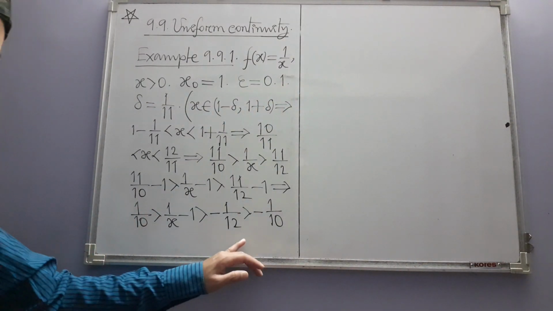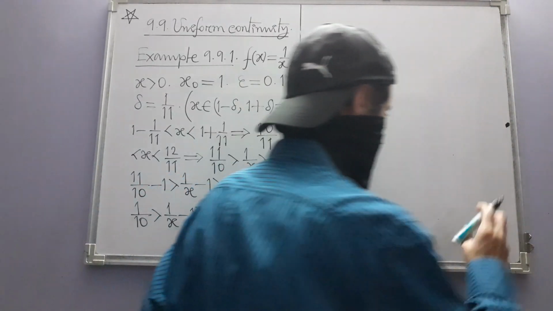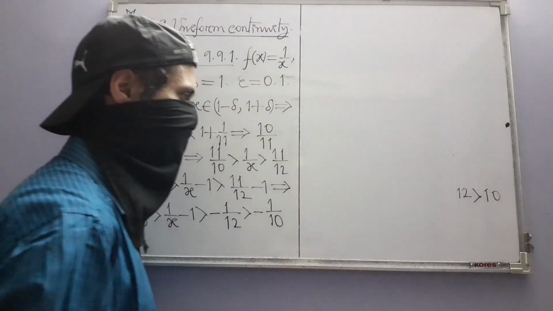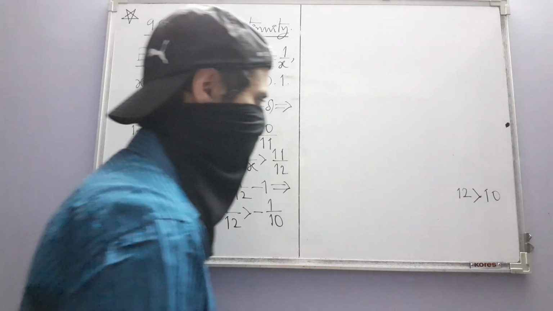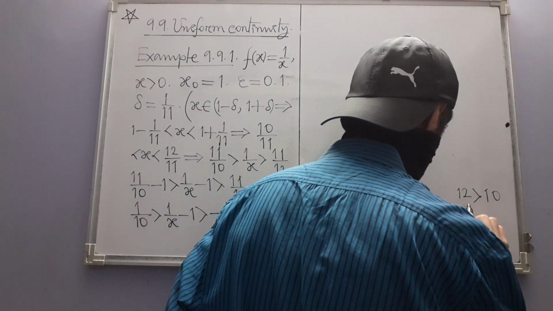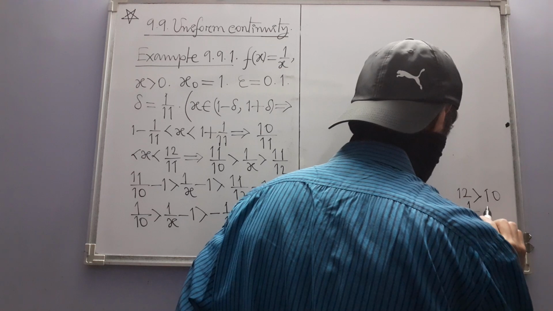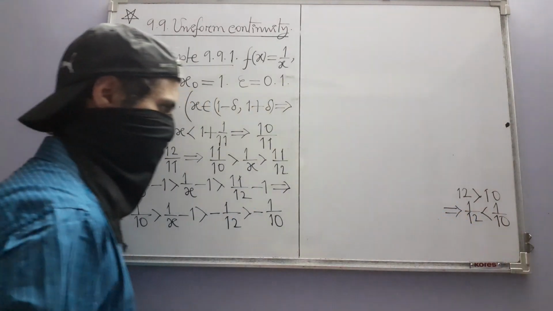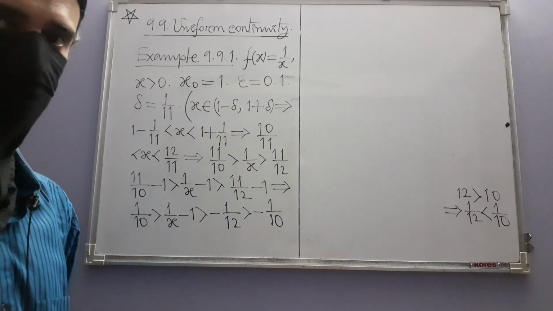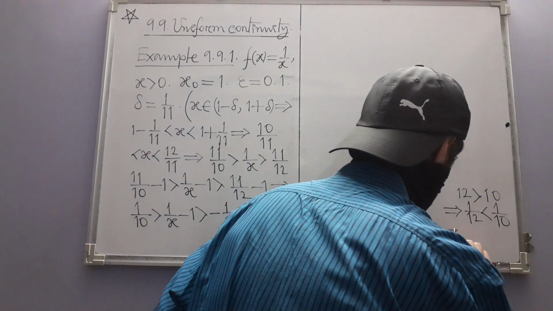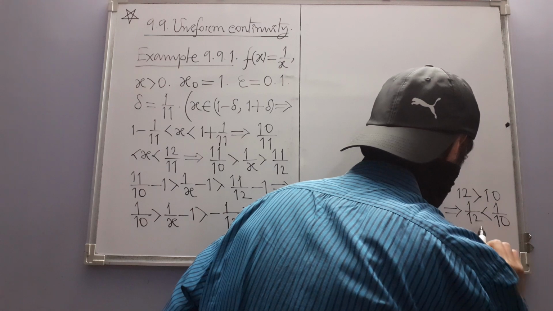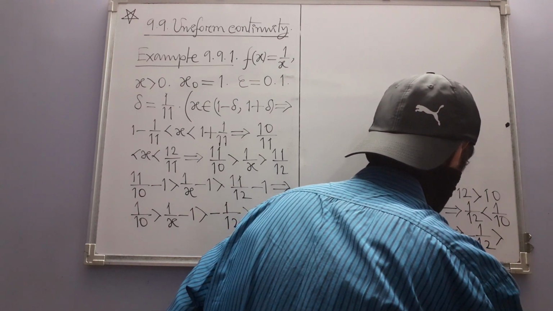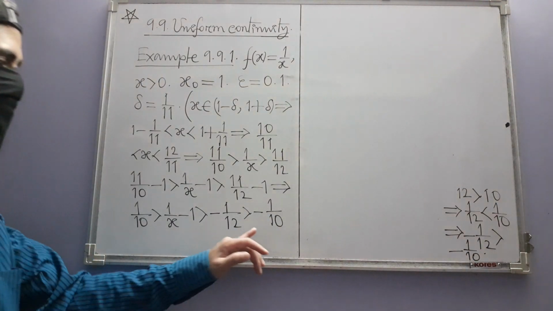You want to know how this is true. 12 is greater than 10 because they are positive real numbers. You take reciprocal and that will reverse the inequality, and then you multiply by minus 1. That again reverses the inequality, and that's how you get this.